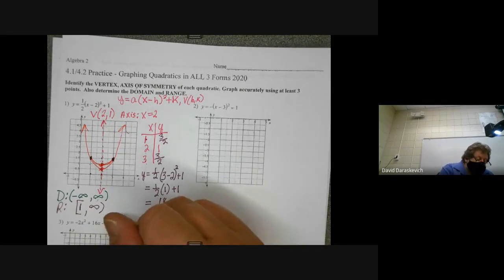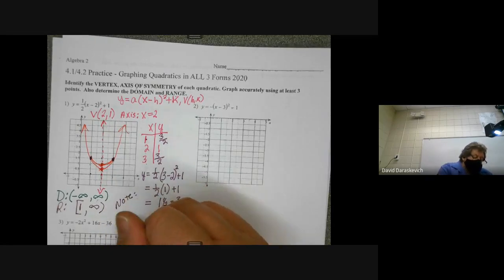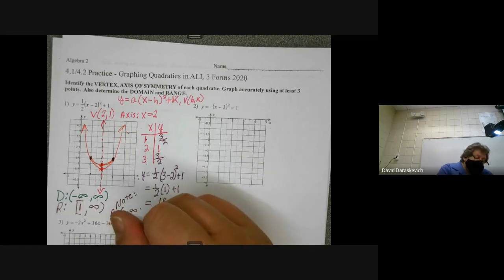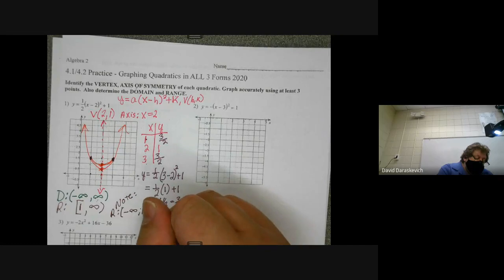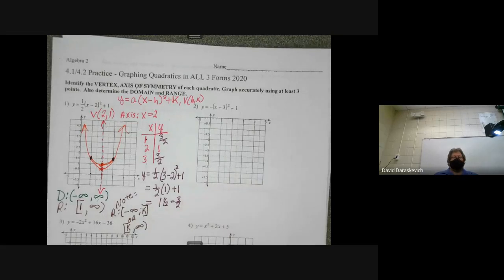Let me just note: the range is going to be either negative infinity to k, including k, or k, including k, to positive infinity. It's going to be one of those two.